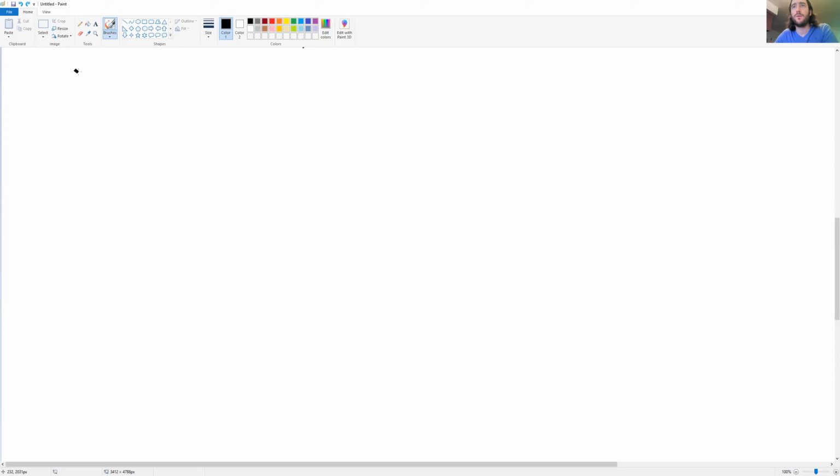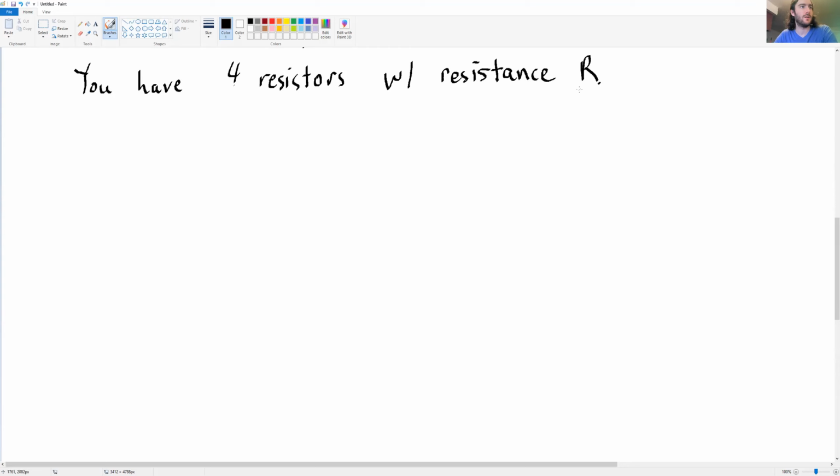So you're given 4 resistors with resistance R for each of those resistors. So they're identical resistors.